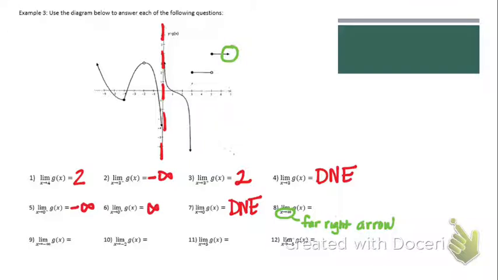What is happening to the y value? It looks like it's going horizontal. It's constant. So what would be the limit? It's constant at what y value? 4. So the limit would be 4.